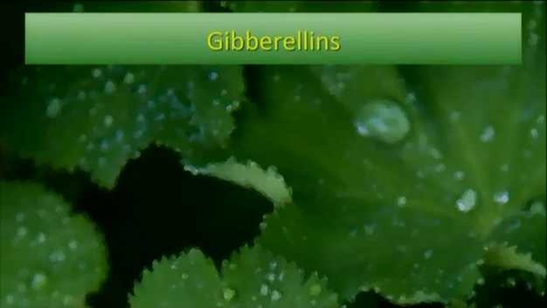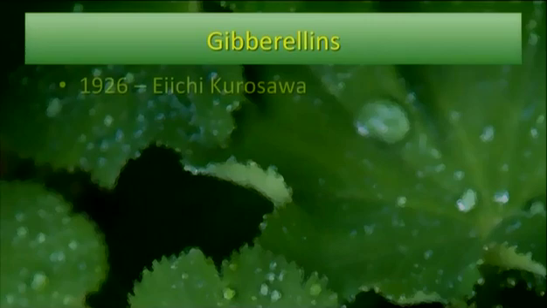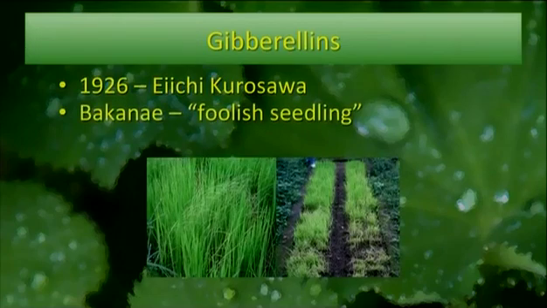Anyway, gibberellins are another kind of plant hormone, and they were discovered in 1926, almost a century ago, by Eiichi Kurosawa. And he called the disease that they caused in the rice that they grew bakanai, which means foolish seedling.